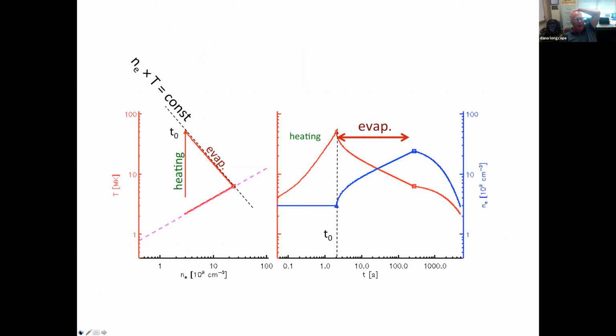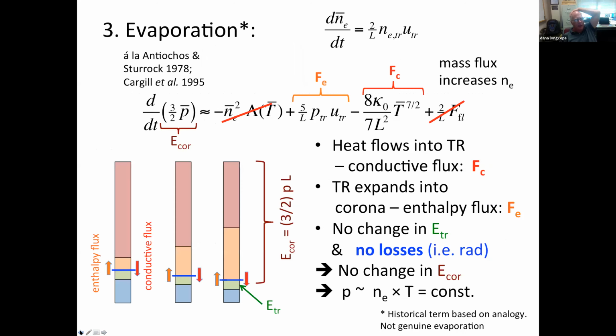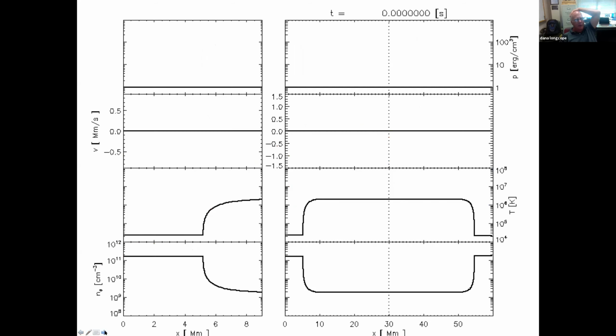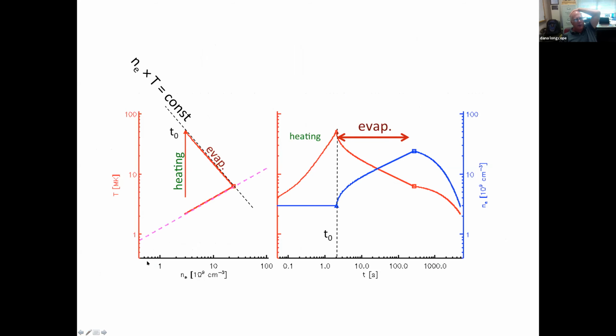This is a plot. As I said, we can think about this 0D model as the flare has a certain amount of material characterized by the density and a certain amount of energy characterized by the temperature. At first, energy is added to the flare, and so the temperature increases. It goes straight up, and it goes up so fast in this simple case that the density doesn't change very much.